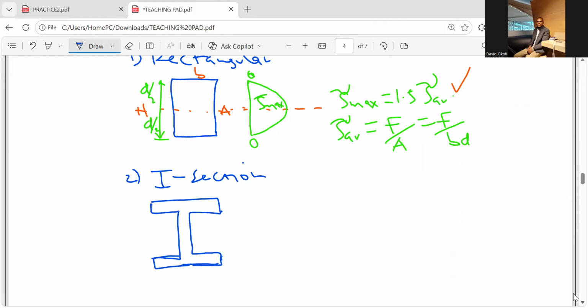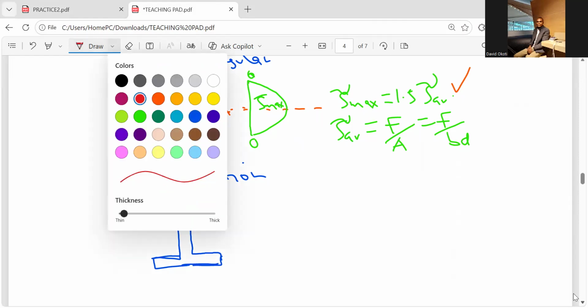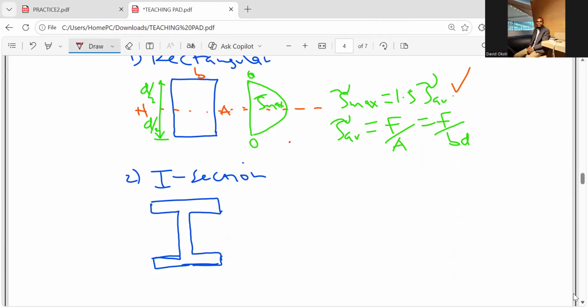Step number 1, you have to establish the position of the neutral axis. Remember, for an I section, this is B and the whole of this is D. This is most common in steel sections. During design of steel beams and steel columns, we'll encounter how the I sections come about.